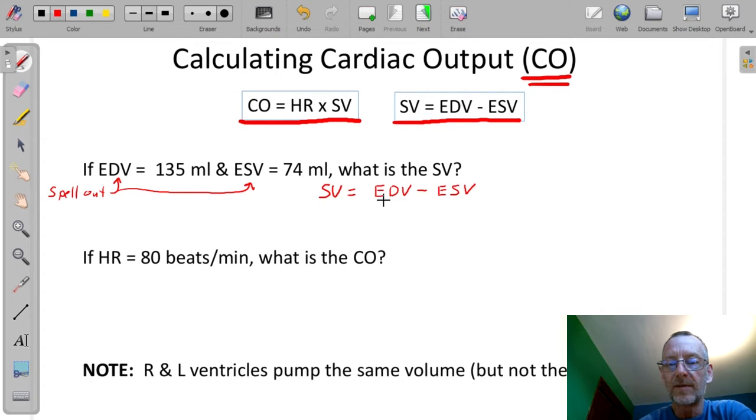So just plugging these numbers in, stroke volume is equal to 135 minus 74, and that gives us a volume of 61. 61 what?